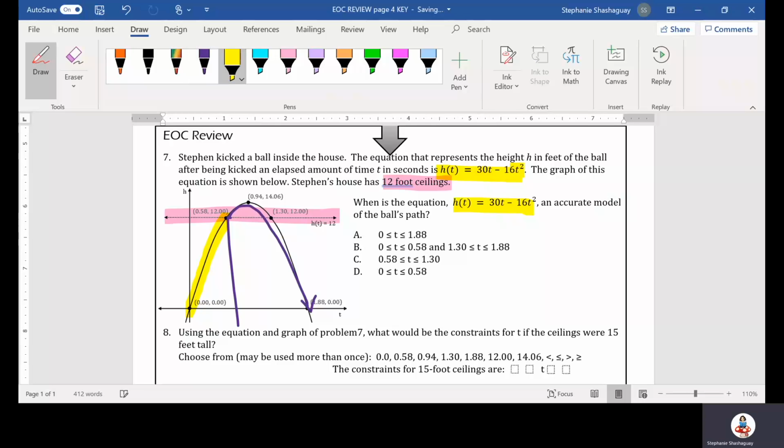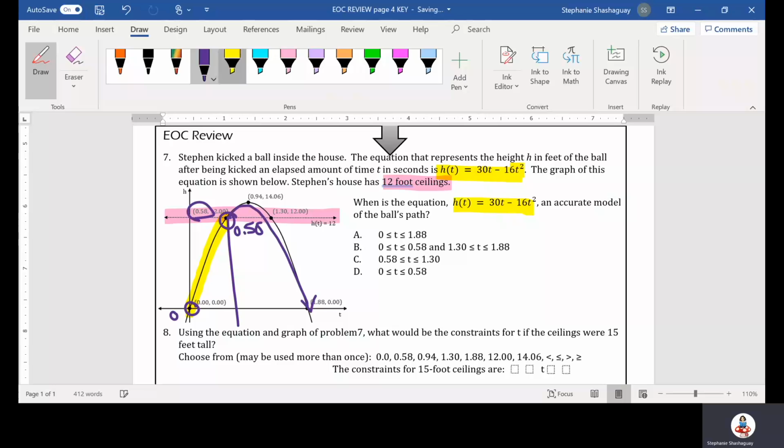So the only accurate model of the ball's path is going to be from this point, which is when my time is 0, to this point when my time is 0.58.